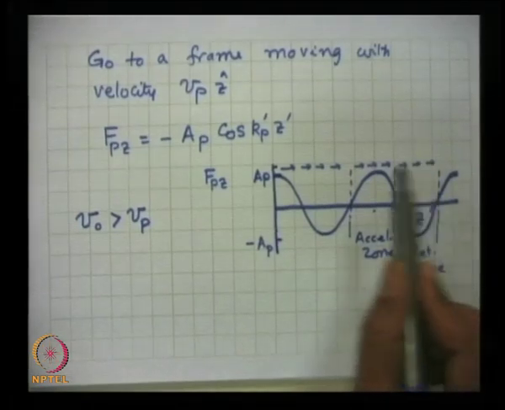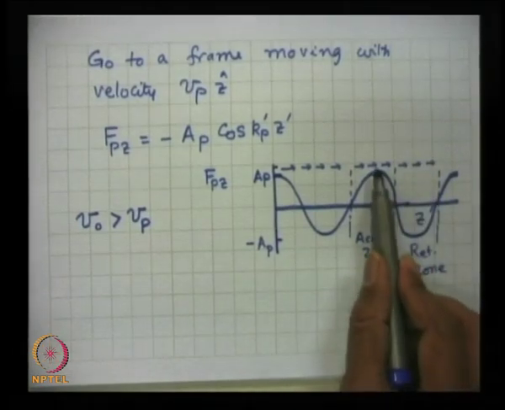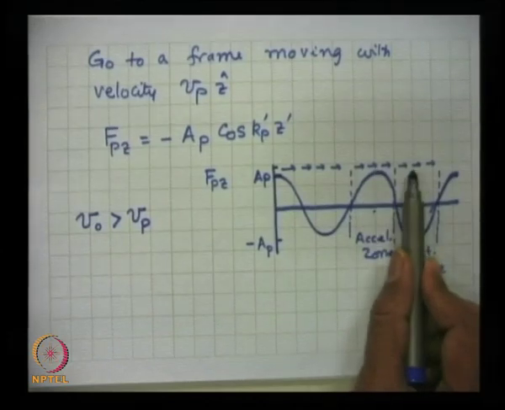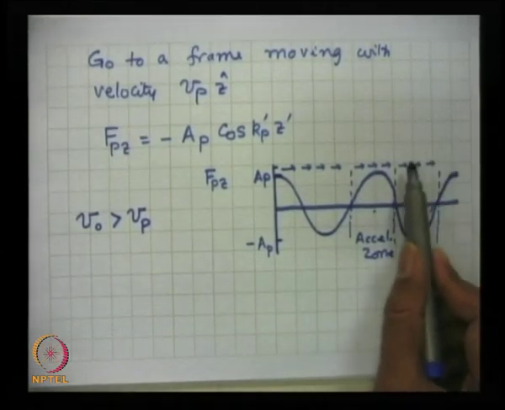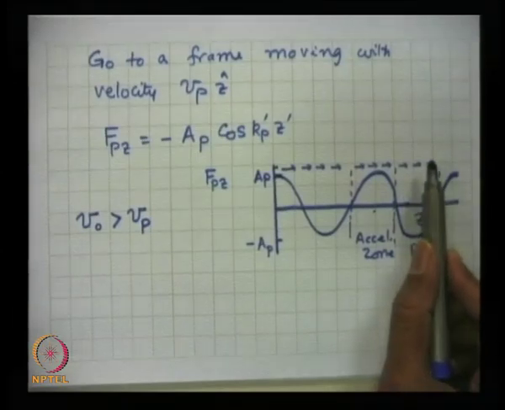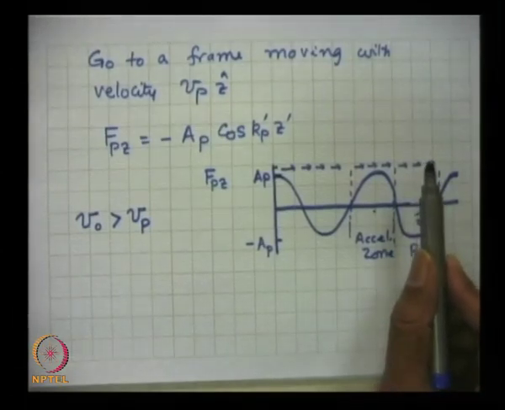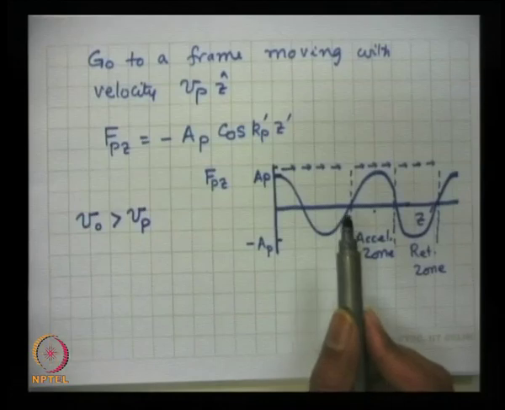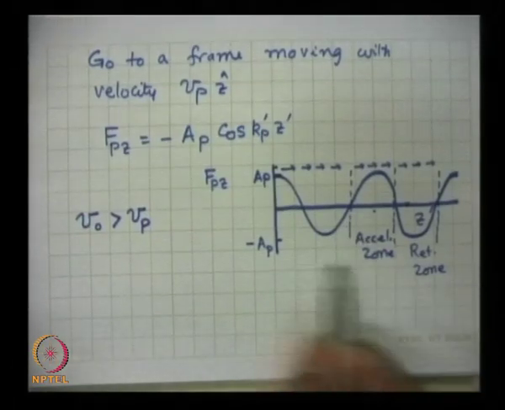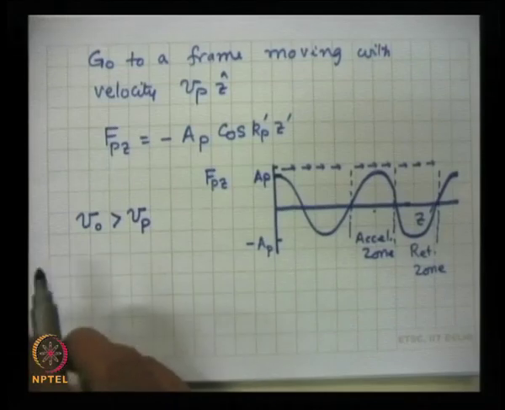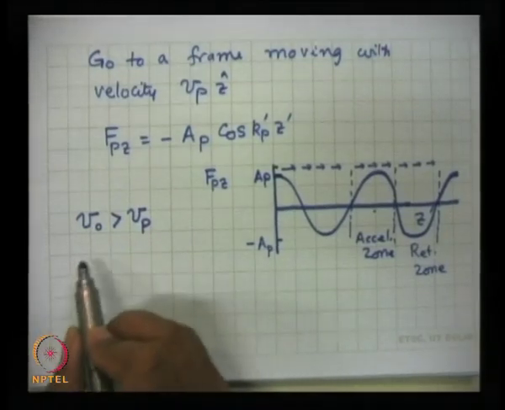As a result, more electrons cross from the accelerating zones to the retarding zones and fewer leave the retarding zone. So, there is a net bunching of electrons in the retarding zones, meaning there is a net retardation of electrons and a net transfer of energy from the electrons to the wave if this condition is met. This is a mandatory, necessary condition.